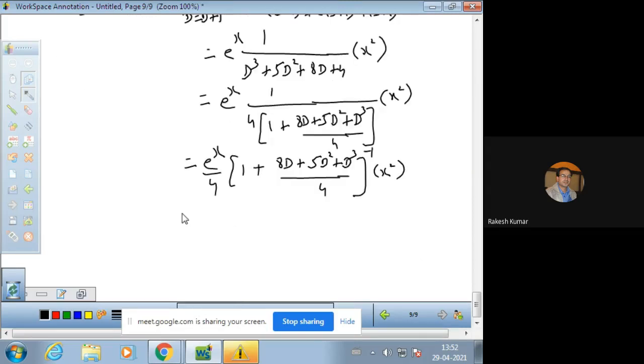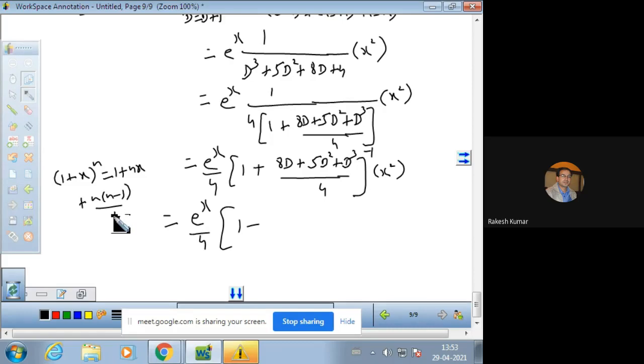Now you can apply the binomial theorem. So you can use this formula, 1 plus x raised to power n, and that will be 1 plus nx plus n into n minus 1 over 2 factorial into x square plus so on. So apply the formula, 1 minus 8d plus 5d square plus d cube over 4.